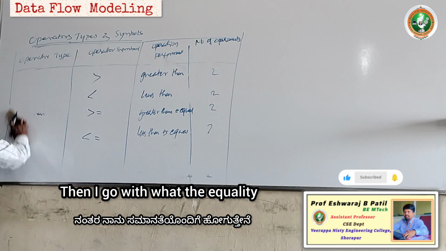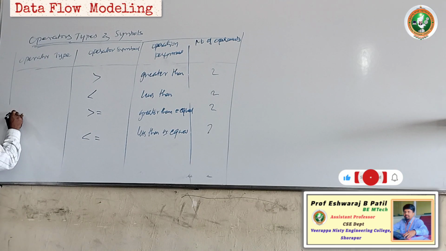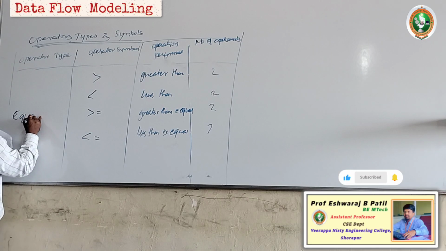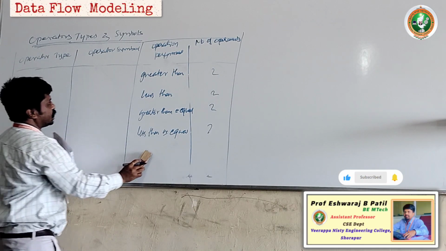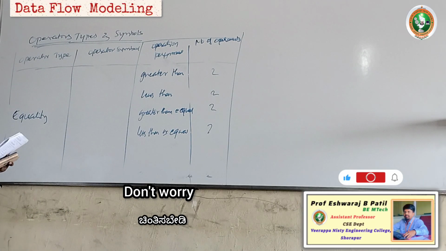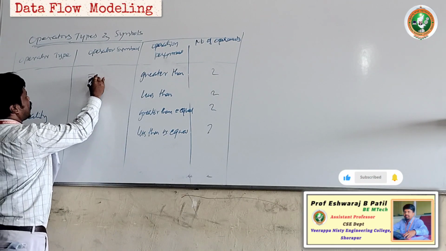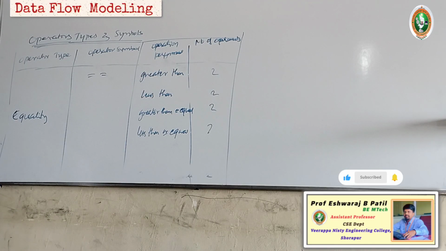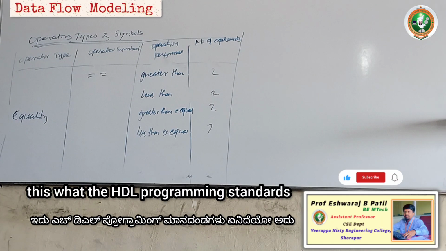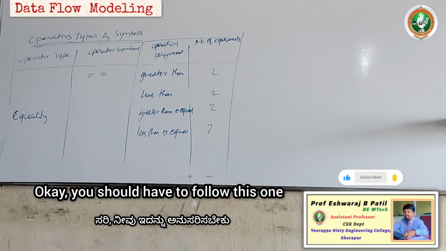Then I go with equality. The coming concepts are very easy, don't worry. Equality is what we get if I use the two equals. Someone asks: sir, can't we put just one equal? Two equals is the HDL programming standard, and you have to follow this one.